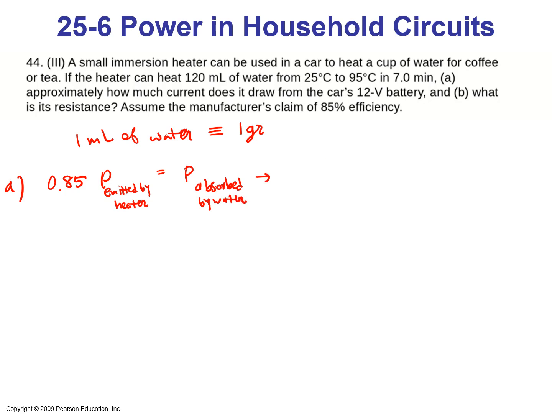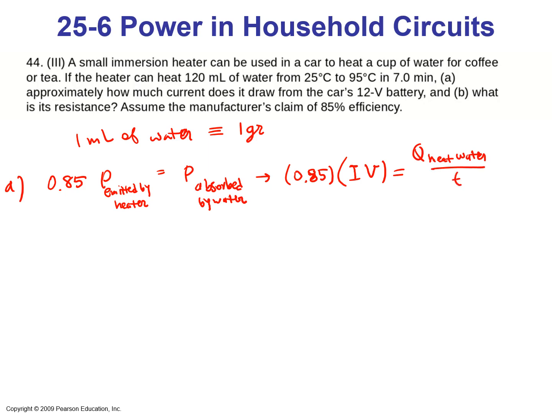So 0.85 multiplied by IV, that's the power, and the power absorbed by water is the heat for heating water over time.